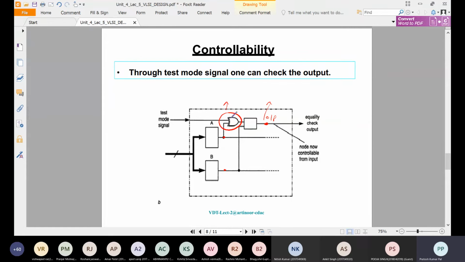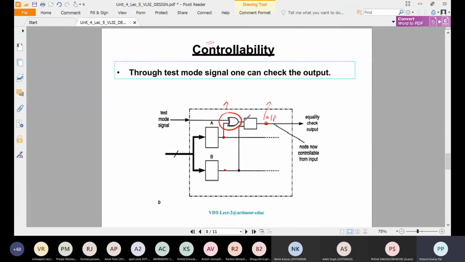Why are we requiring controllability at all nodes? Because while testing this complete circuit, it will be easy to predict the value or provide this node with some particular voltage, and this will test whether the complete circuit is working perfectly or not.